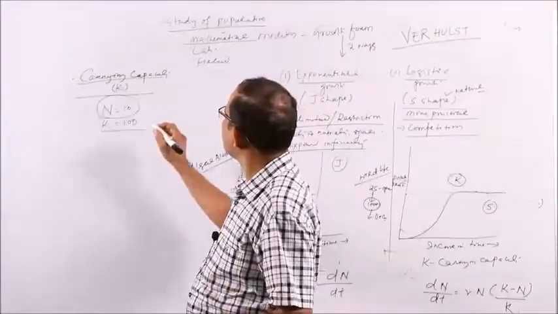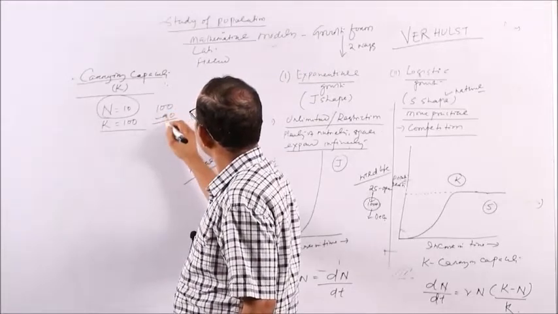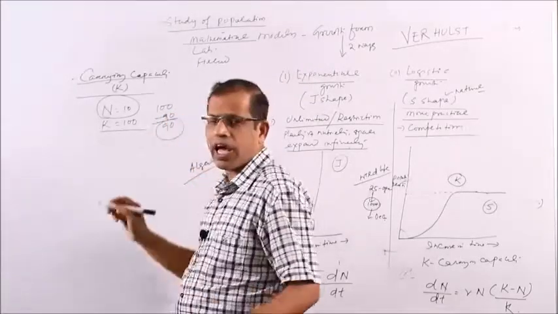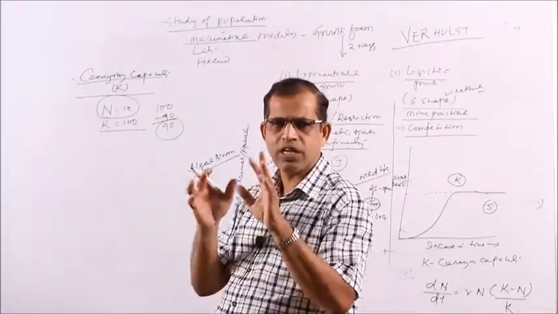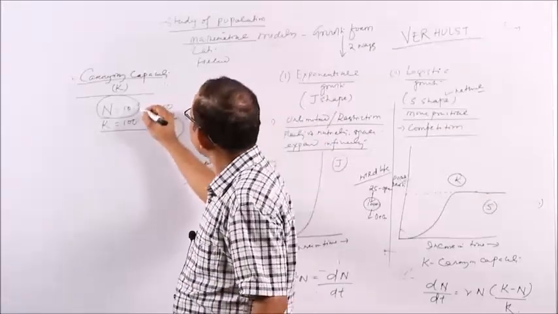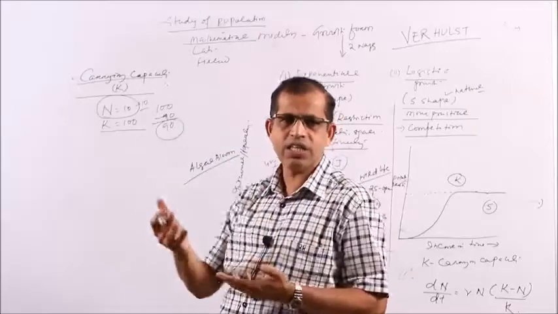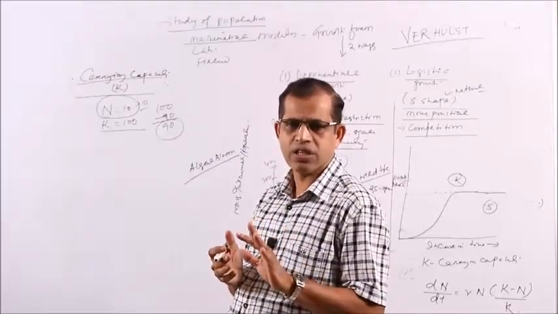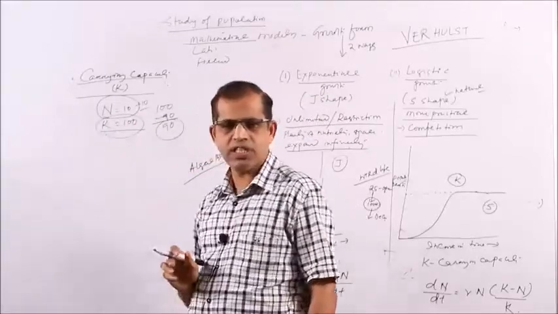That means it can feed another 90 people. Another 90 people can reside there and share that sort of food habit, or they can remain with this 10. If I say 120, that means it is beyond carrying capacity. So, each population has a carrying capacity.